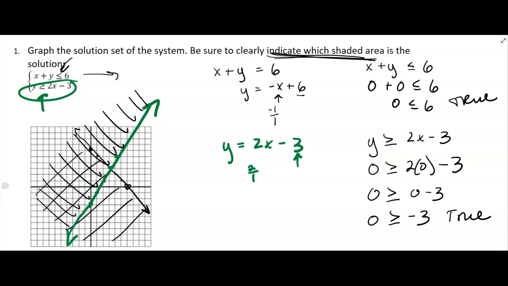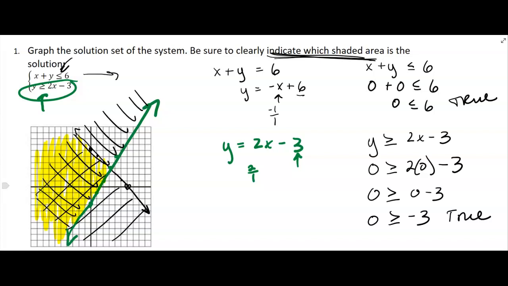Let's try the highlighter. Sometimes students will use a highlighter. I don't know if that's going to show up well when you download your test, but anyway, somehow you'll need to indicate which way it is. Don't just do the shading and not say, this is the section that's the answer.